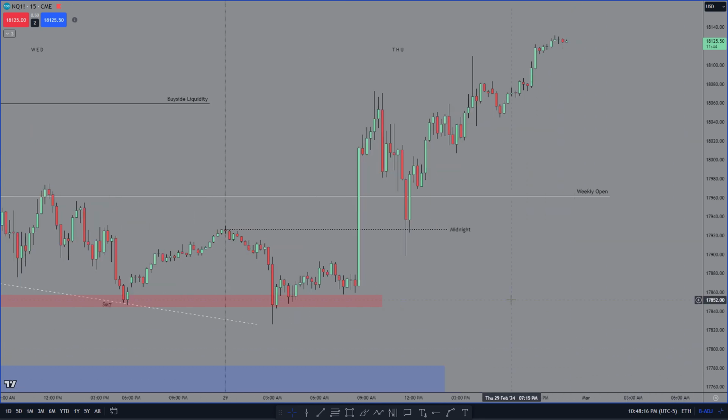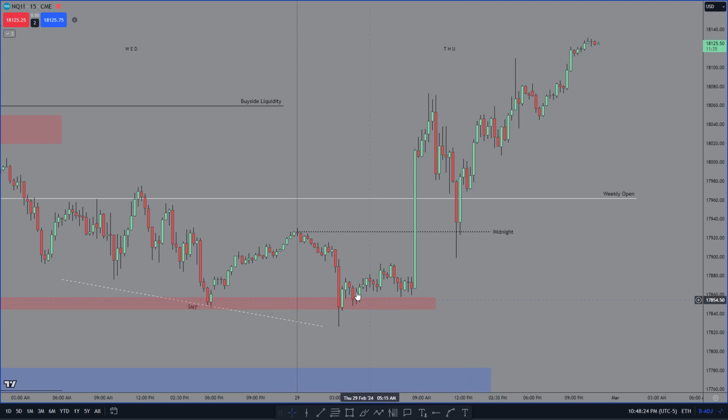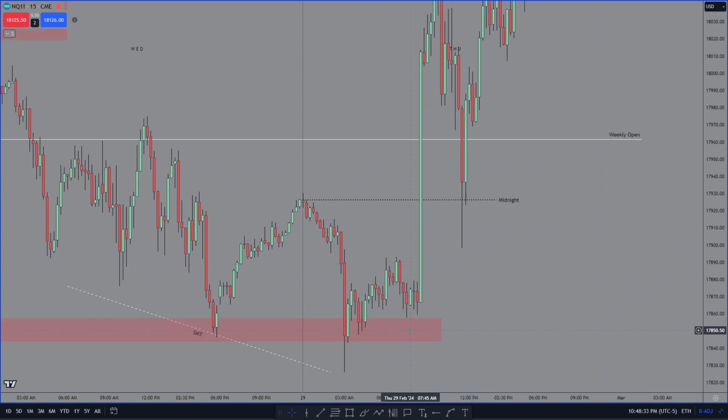It just does not happen like that, especially when we're expecting the low of the week to be forming down here because we have SMT. So when we already see the manipulation taking place going into data, we can expect it to be distribution higher. And look at that.